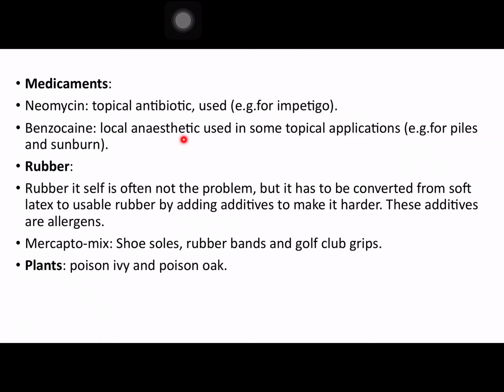Benzocaine, a local anesthetic used in some topical applications. Rubber itself is not the cause of dermatitis, but the problem is the additive put into the rubber to make it harder. This additive is the allergen. Mercapto mix is present in shoe soles, rubber bands, and glove club grips. Plants, such as poison ivy, as I said previously.